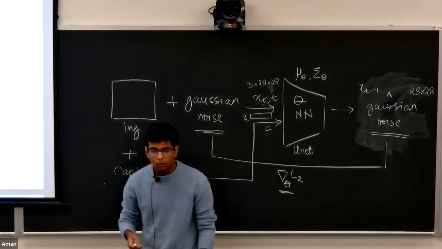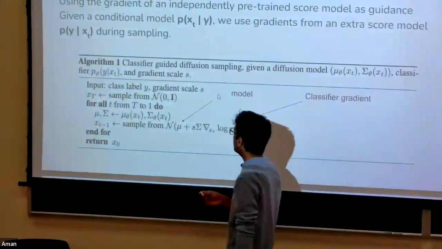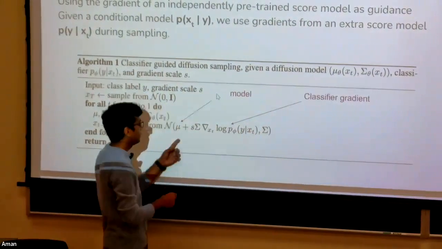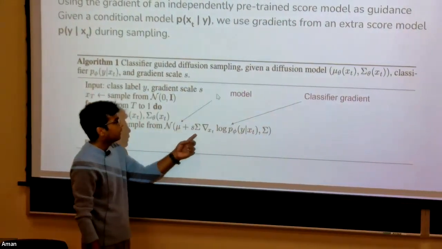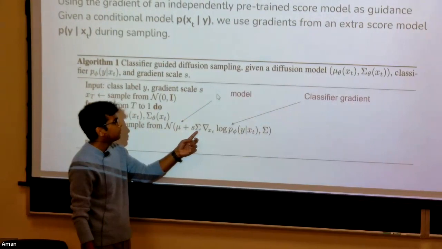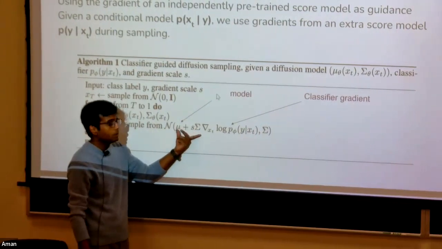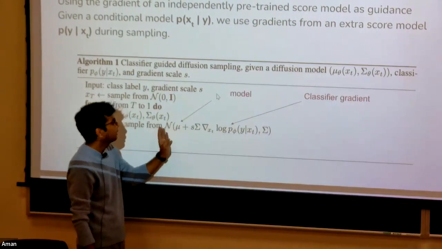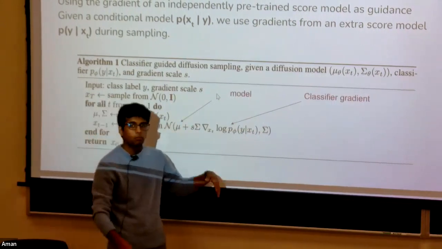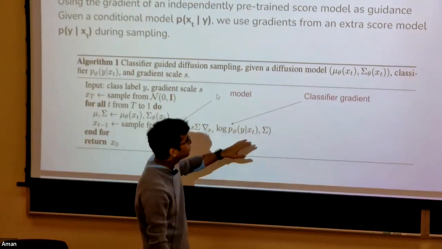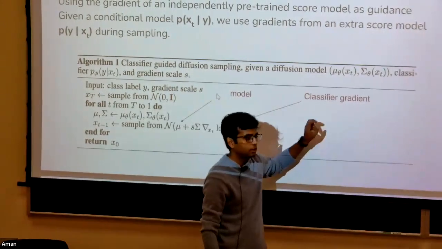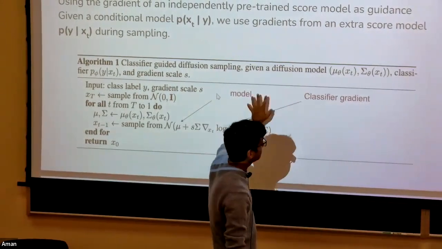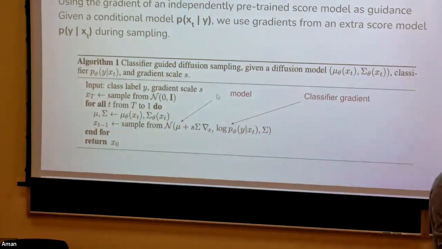Right? So here on the slides, this is the model, which is just predicting the mean. You can see that the standard deviation is now not predicted by the model. So you just have the model predicting what your distribution is from which you want to sample. But you also want to take into account this classifier gradient. And the classifier itself is completely independently trained.